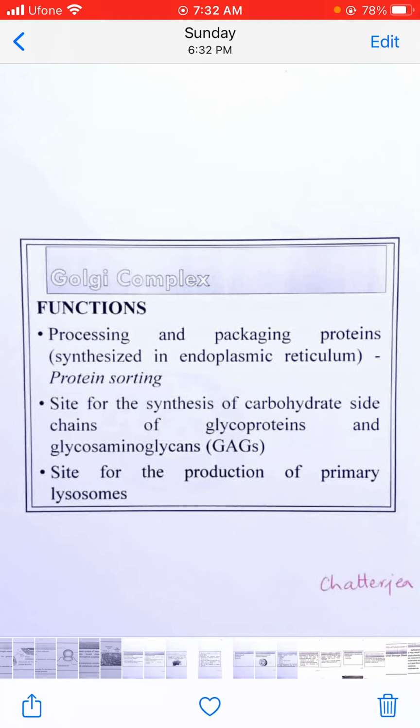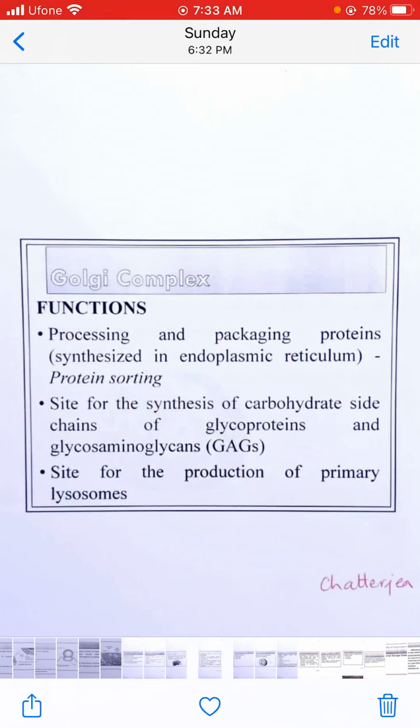Going towards the function of the Golgi apparatus, it is used for the processing and packaging of proteins which are synthesized in endoplasmic reticulum. I told you before, all the proteins are mainly synthesized in the rough endoplasmic reticulum, and then they are going to be processed and sent towards the Golgi complex for their packaging.